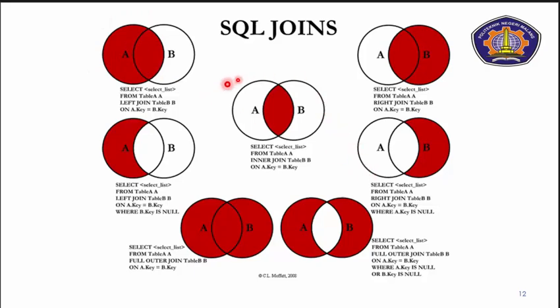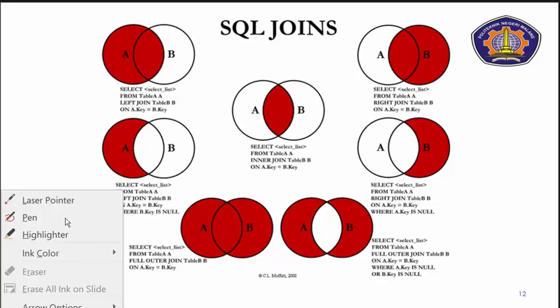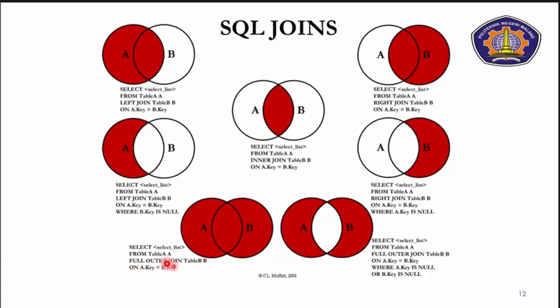And the other one is inner join. And another one is left join where the key is null, so you can see there is some condition that satisfies the result. Then another one is full outer join.